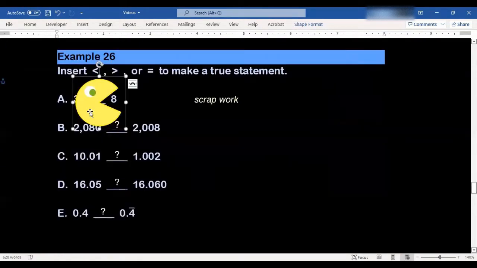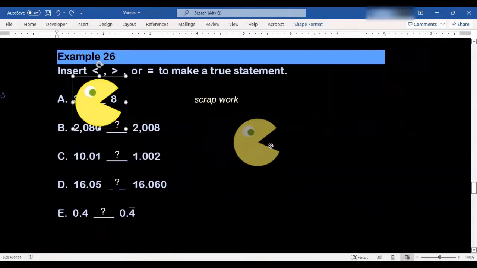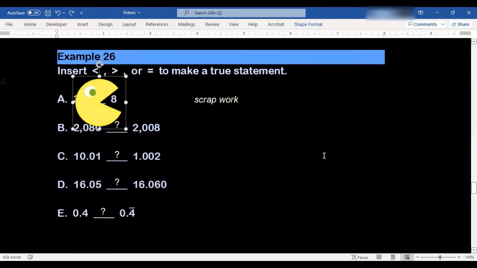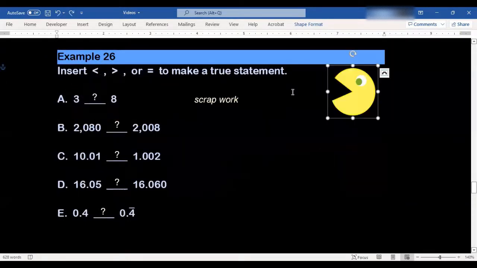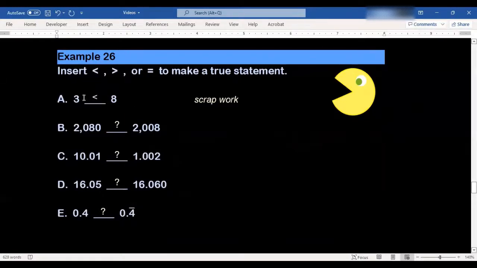So when I think about where my face is going to go, let's just move him off to the side then, if it'll let us. There we go. He's going to be facing the other direction. Sorry about that, everyone. So that means I'm going to be putting in this symbol because the mouth is going nom nom nom, it's going to be eating the 8. So 3 is less than 8.